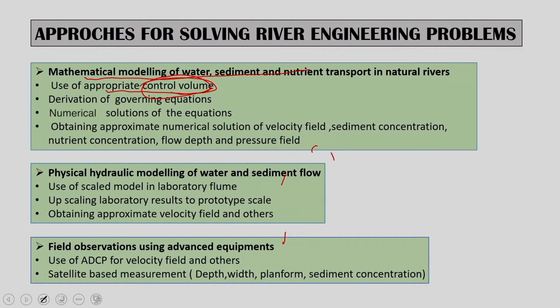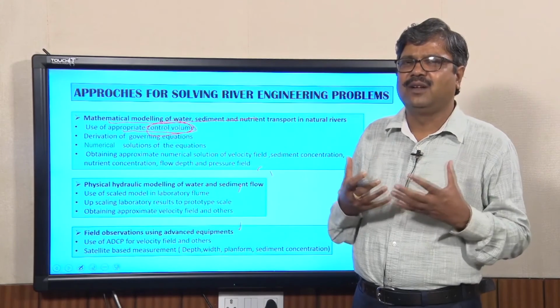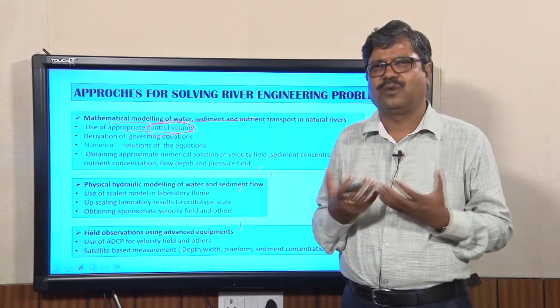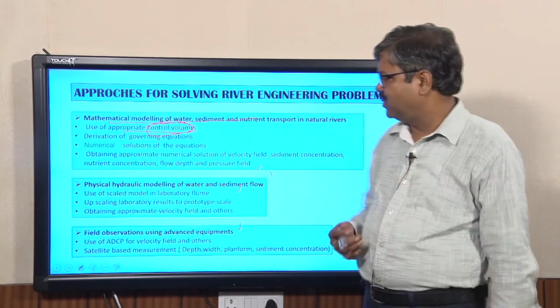The control volume can be infinitely small or it can be as large as the Brahmaputra river. So you can decide what type of control volume you have to consider to solve your problems.